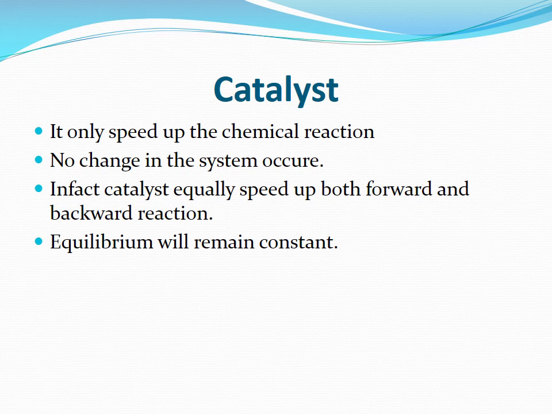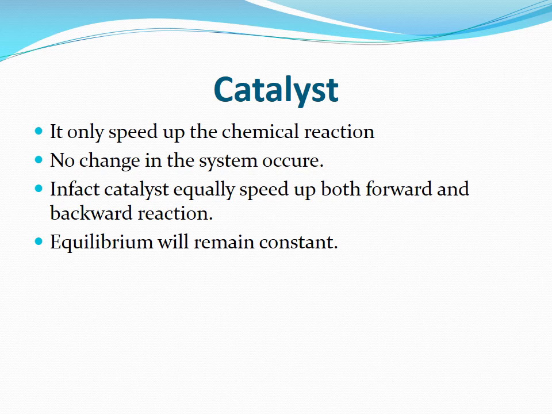If we provide any catalyst to any reactant, it will react with the reactants and speed up the forward reaction and give us the product, and in the reverse direction it reacts with the products and speeds up the backward reaction.